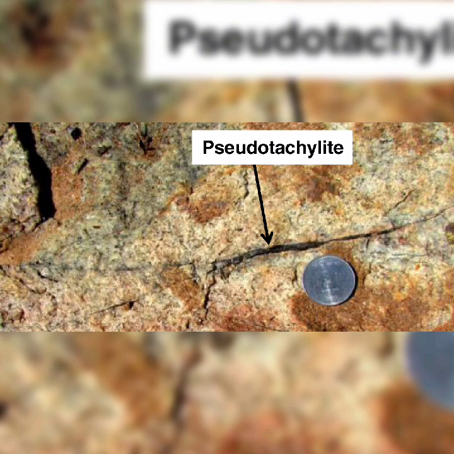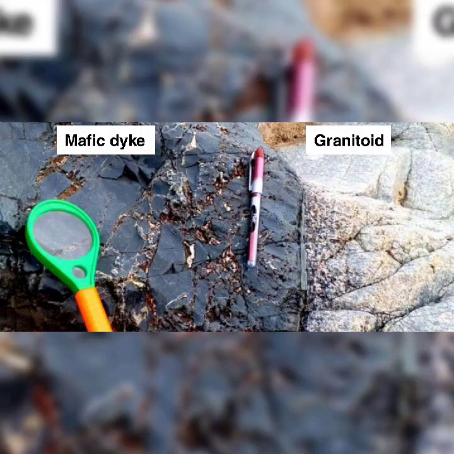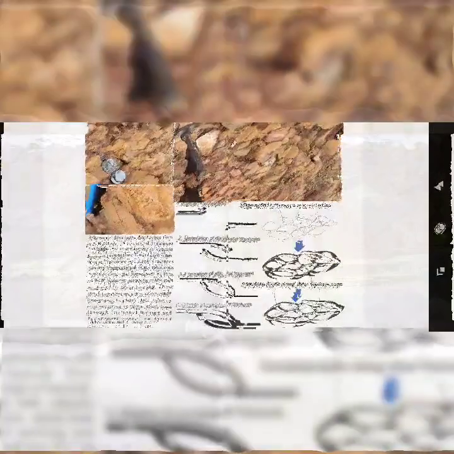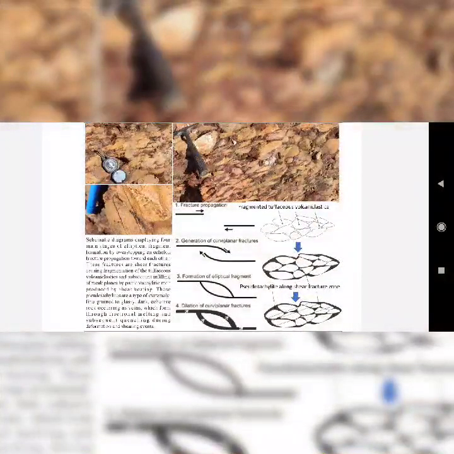The friction creates heat because rock is an insulator. Heat cannot dissipate, and the temperature increases on the surface, allowing the rock to melt locally. This generates fault veins, which are often accompanied by injection veins that open from the fault vein as opening mode cracks.